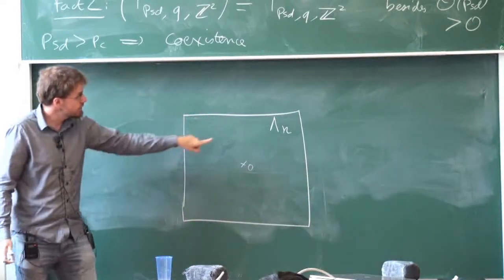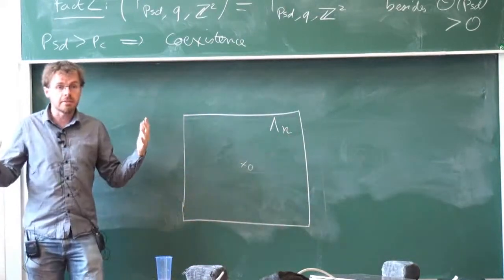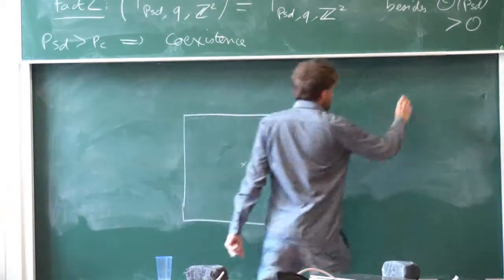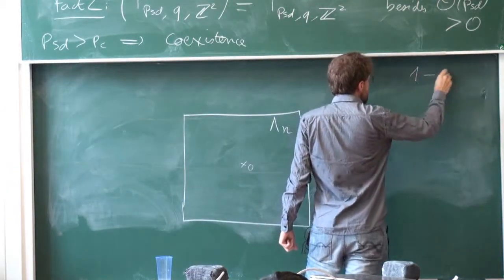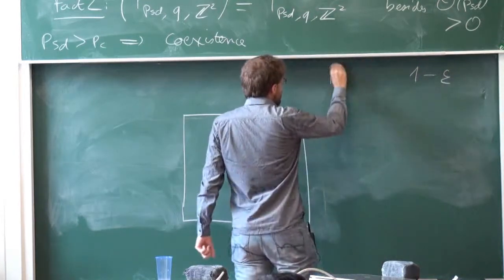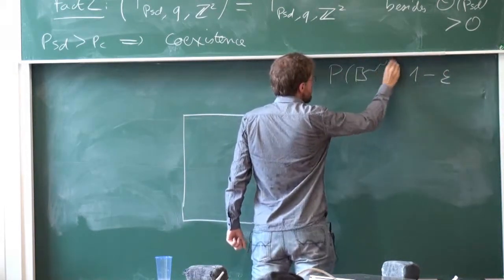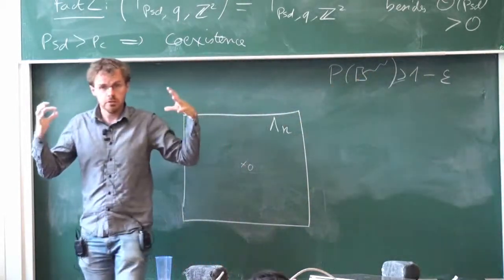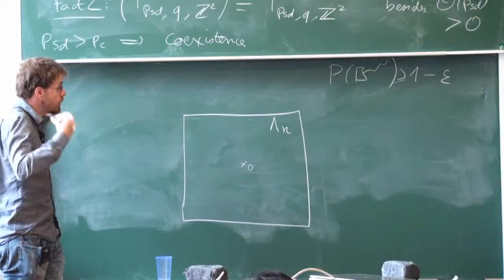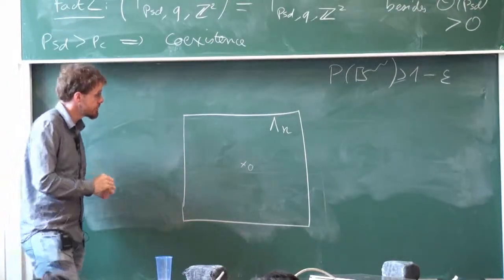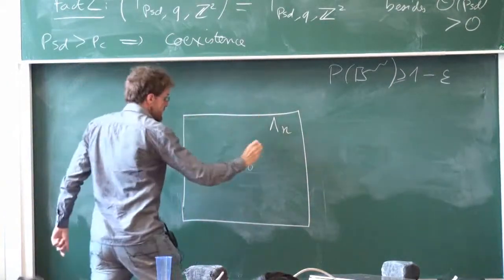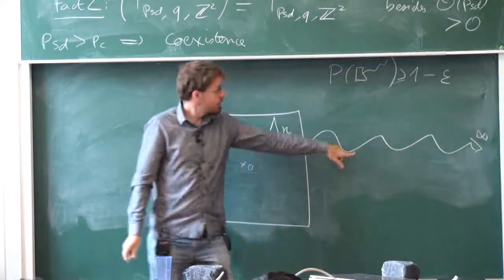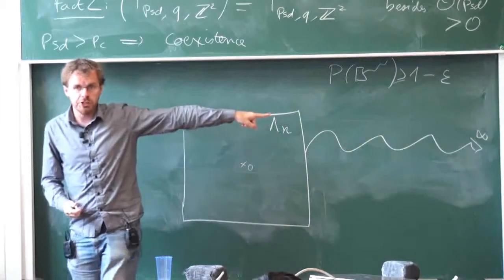So you know that if n is large enough, you will meet this infinite component with high probability, with probability 1 minus epsilon. So take a box large enough that you will discover the infinite component. So this box is connected to infinity by an infinite component of open edges.